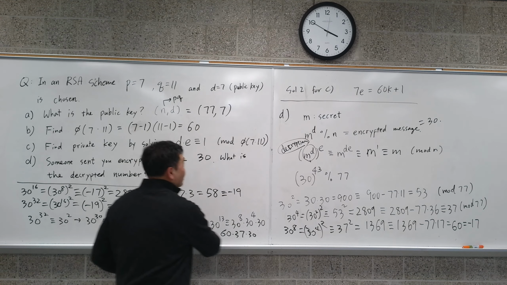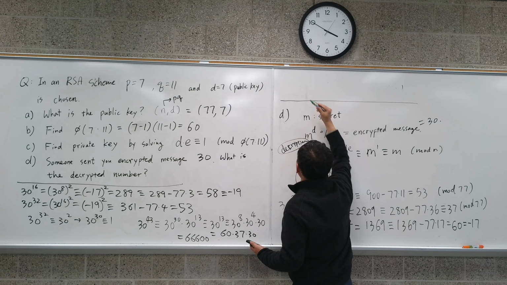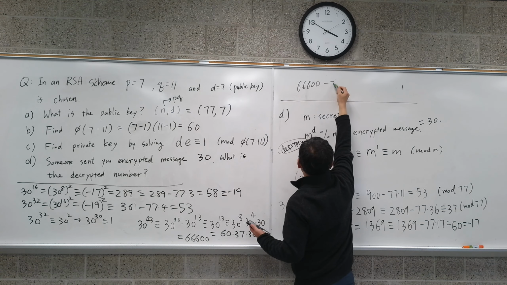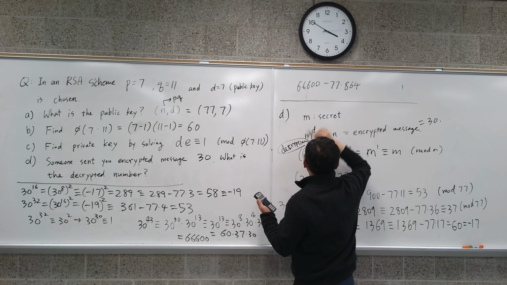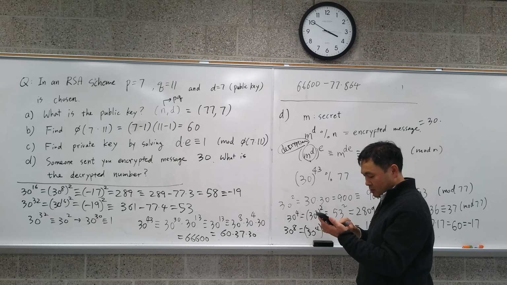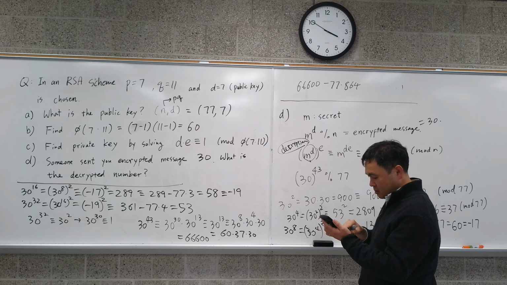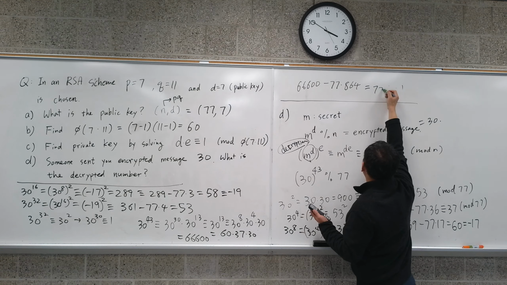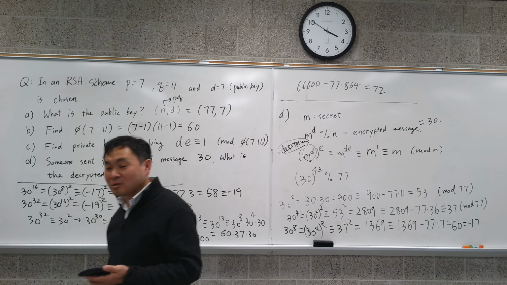So finally, when you do 66600 minus 77 times 864, you get 72. Okay, so 72 is the secret number.